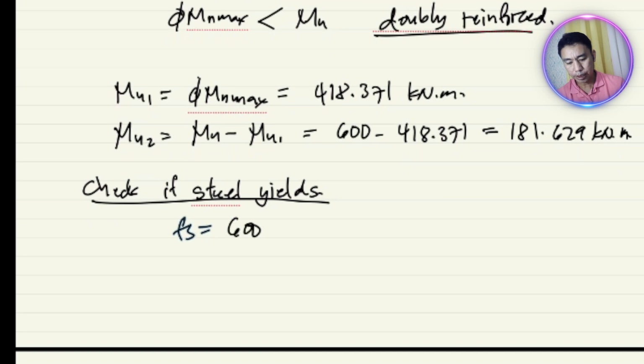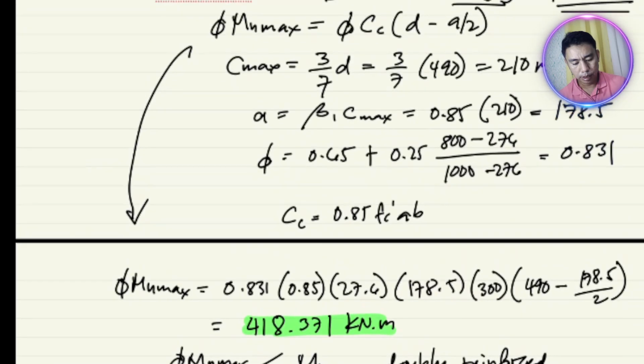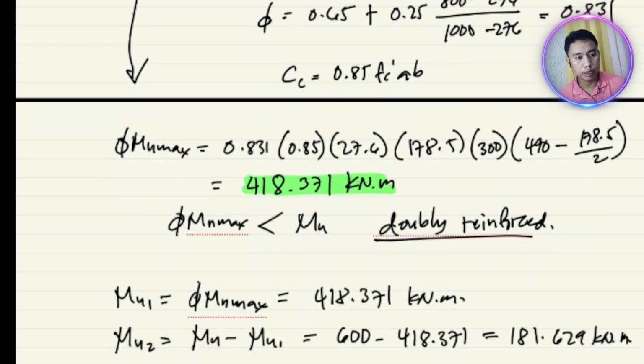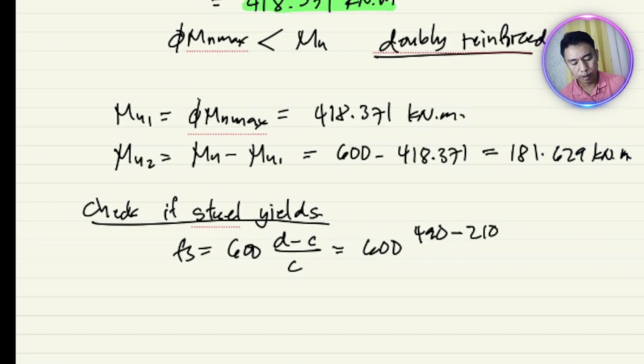600 times d minus c. Ito yung formula, right? 600 times d minus c. So this, you have 600 times 490 minus 210. Yun yung c natin, right? c, ito, 210, over 210.